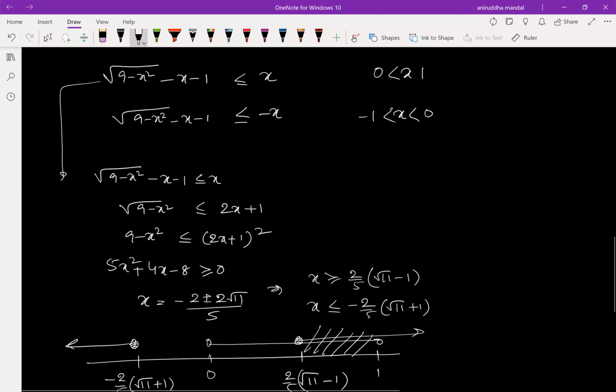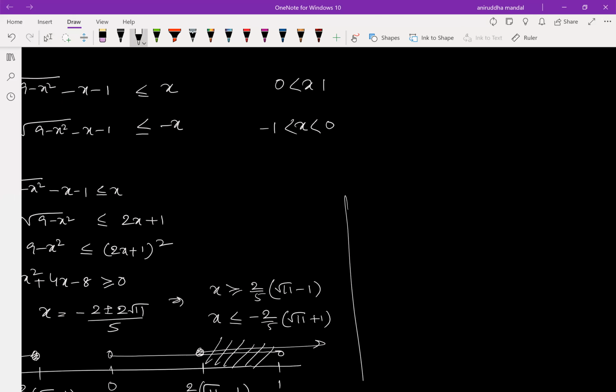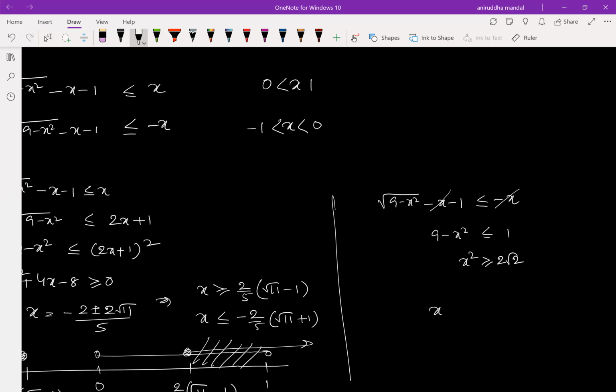Now we come to the second part. Second part means this expression, so we can write 9 minus x square minus x minus 1 is less or equal to minus x. So this will get cancelled and the same thing will happen. So 9 minus x square can be written as 1, so x square is greater or equal to 2 root 2. So x is either greater than 2 root 2 or x is less or equal to minus 2 root 2.